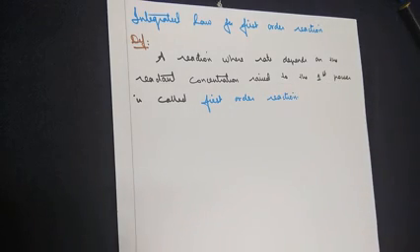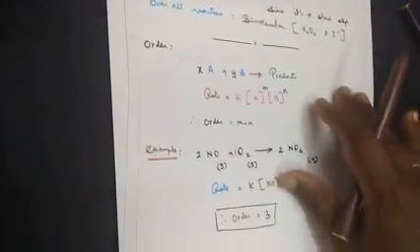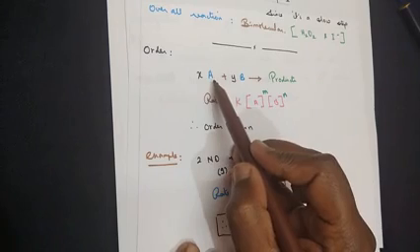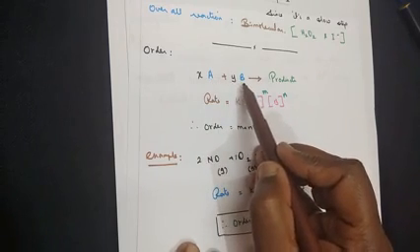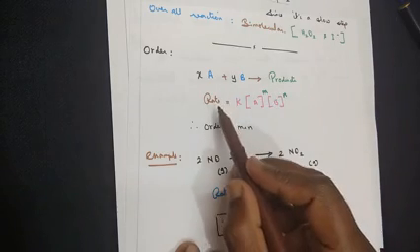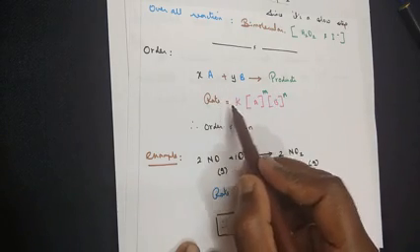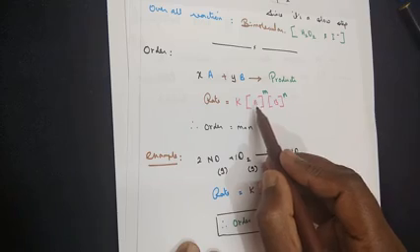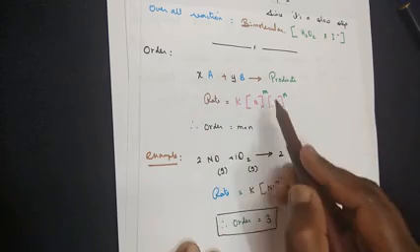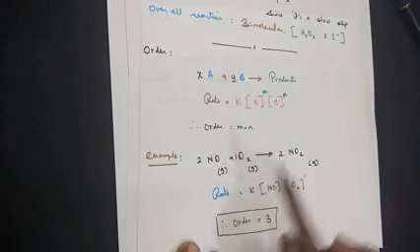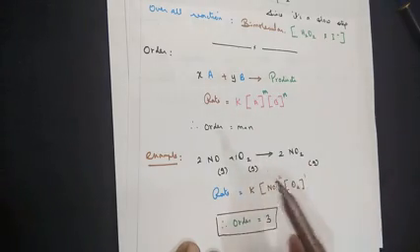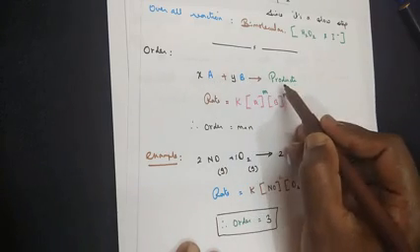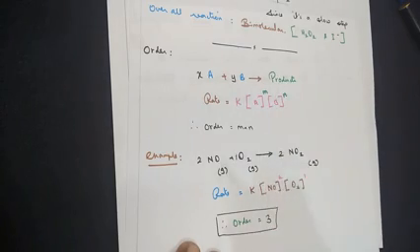When you look at this example, you might remember how to calculate the order of a reaction. So if we consider X moles of A reacting with Y moles of B to give us the product, rate law can be written as rate is equal to K, the rate constant, into concentration of the reactant A and concentration of the reactant B. M and N stand for, as we have seen already, M amount of A and N amount of B contributing to form the product here.